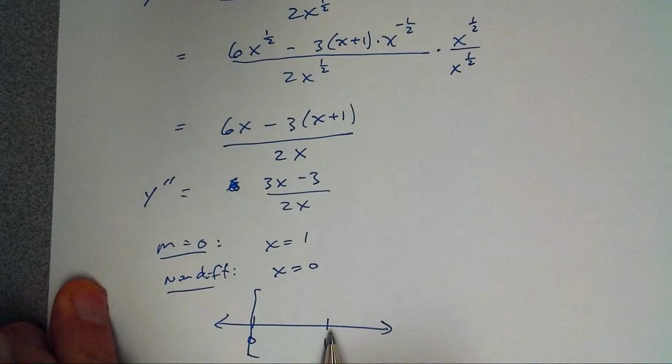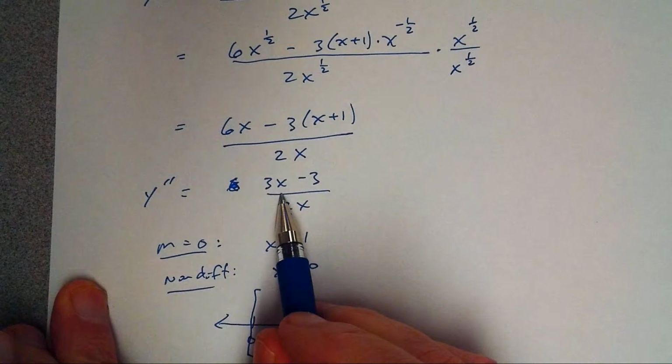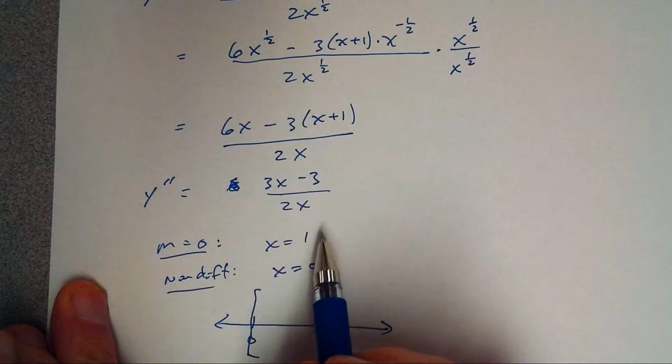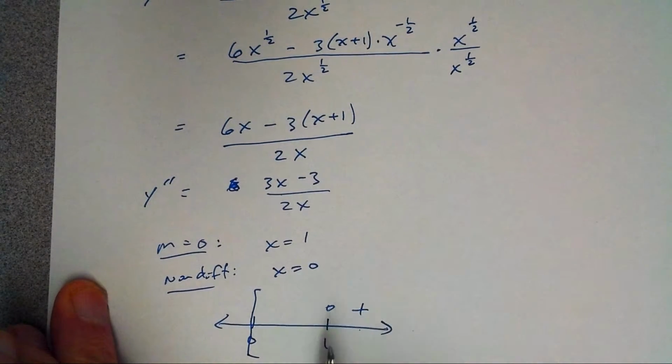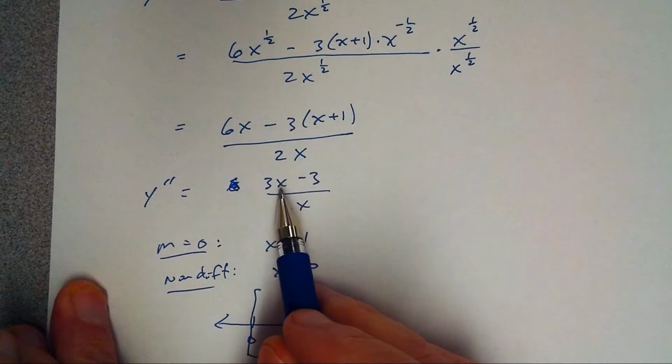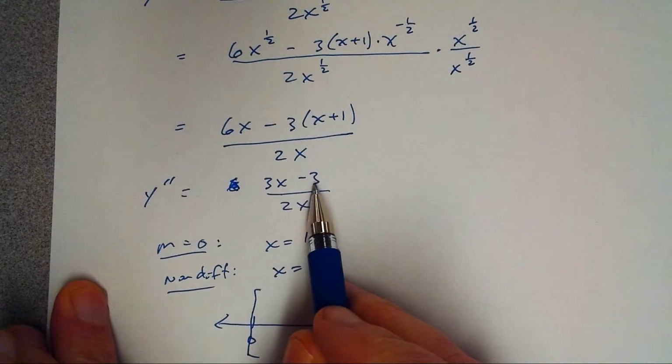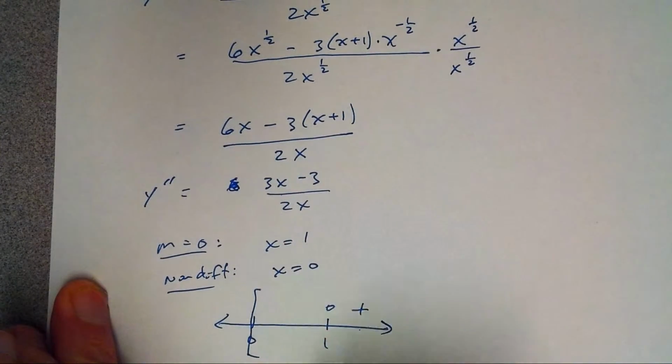If I put a value bigger than 1, like 2, into my second derivative, I get 6 minus 3, 3 on 4. More importantly, I get positive on positive. And if I put a value to the left of 1, like 1/2, I get 3 halves minus 3, that's a negative, over 1/2 times 2, positive.